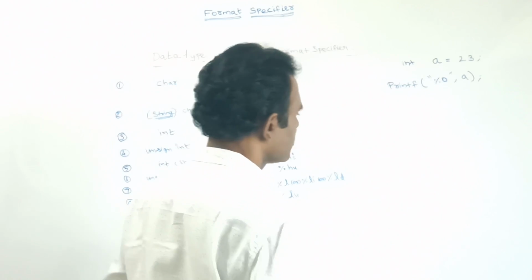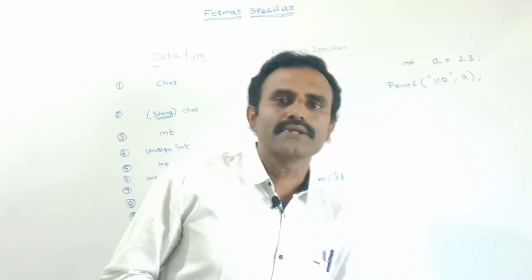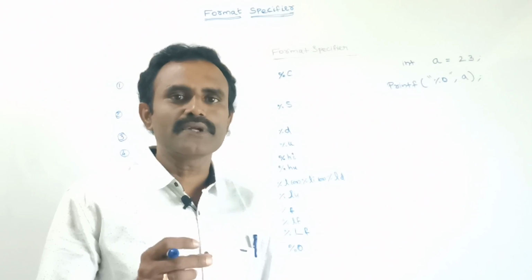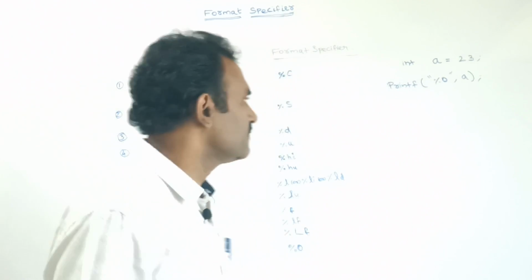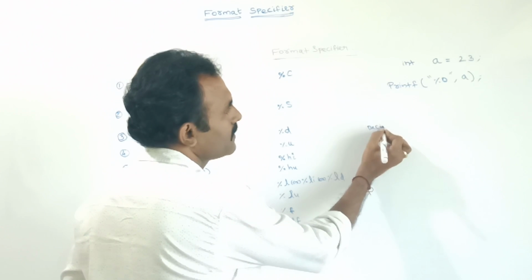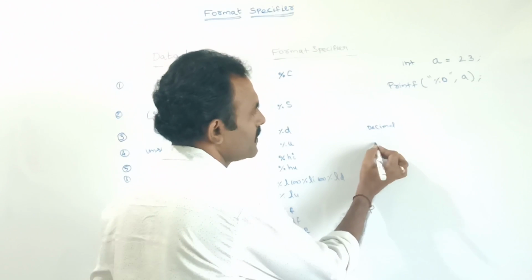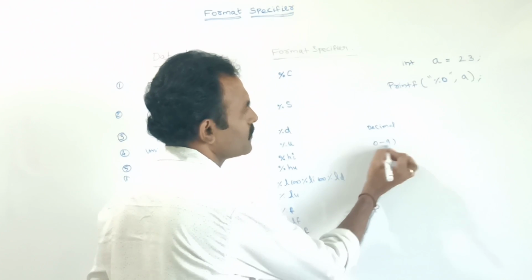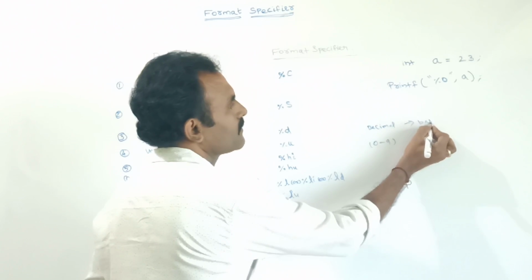In a number system, the base number depends upon the number of digits used by that number system. For example, in the decimal number system, the digits used are 0 to 9, so its base value is 10.